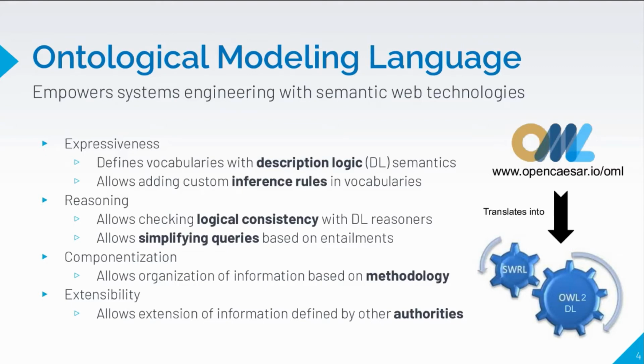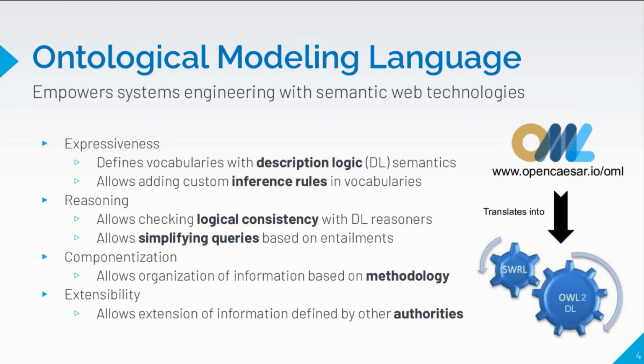So why did we create OML when other languages like OWL from the Semantic Web exist? We actually started with that, and we found it a bit lower level than how people from a modeling background think about it.